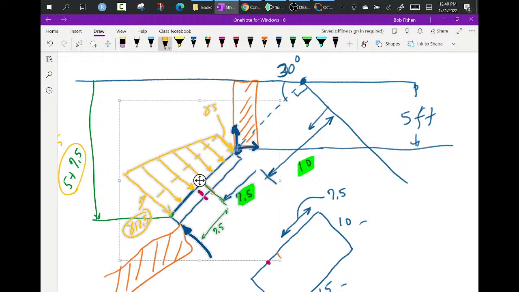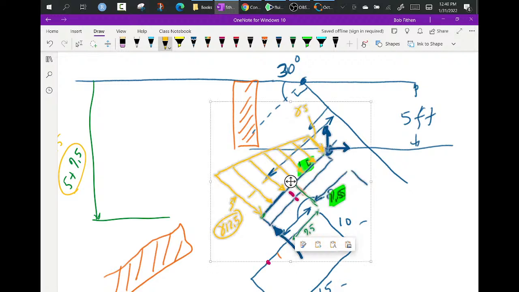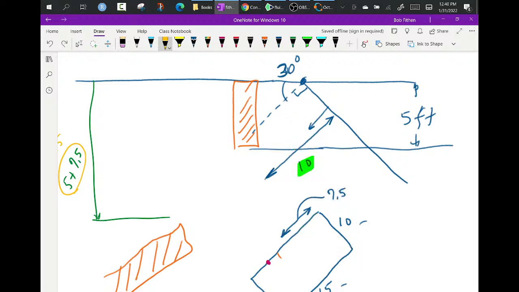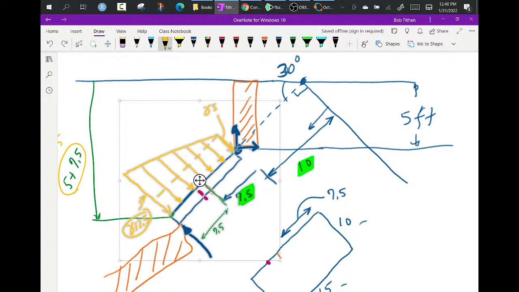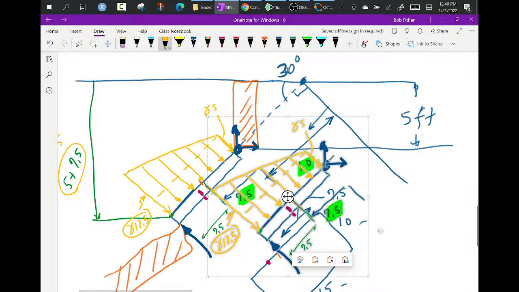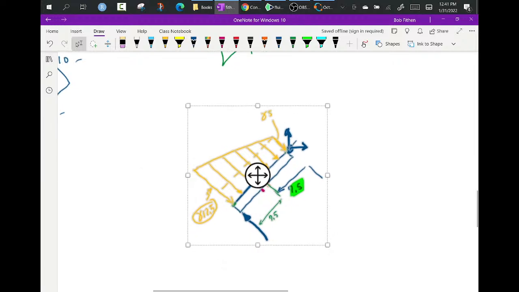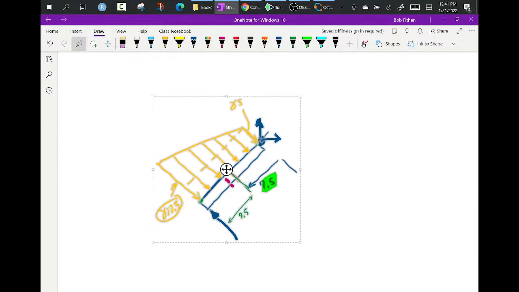Uh-oh. Here, I can fix this by doing this. Okay. Copy. It looks like something happened there, but it's okay. I can copy this. And now I have a problem that's just a statics problem. Tilt your head 30 degrees, and I have nothing more than a statics problem.